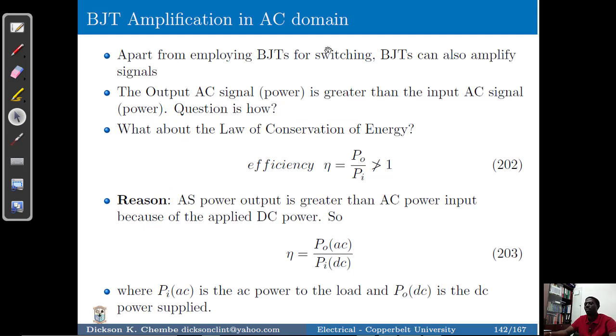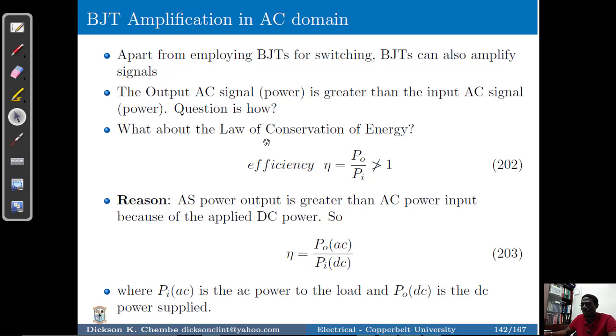Apart from employing BJTs for switching, like I mentioned, you can also use them for amplifying signals, which is what we are looking at in this case. Amplification of a signal in a transistor is a bit awkward in a way.